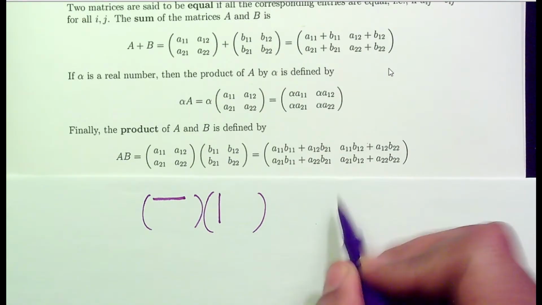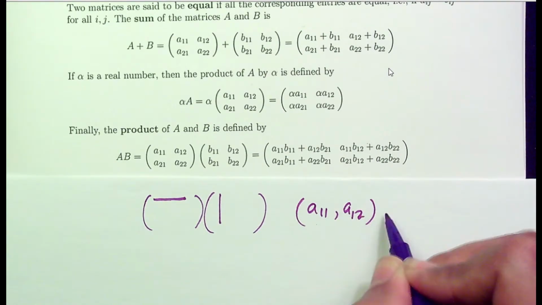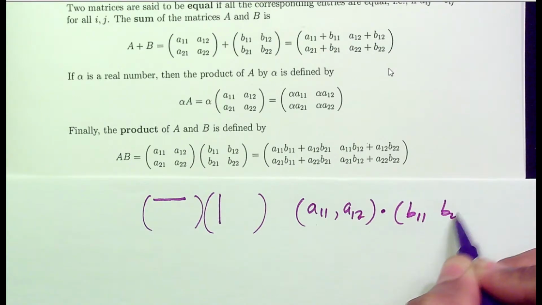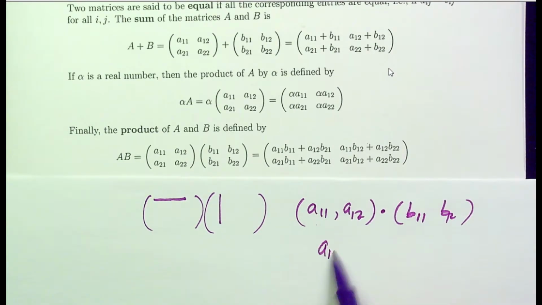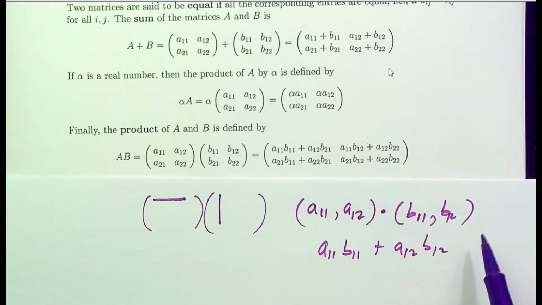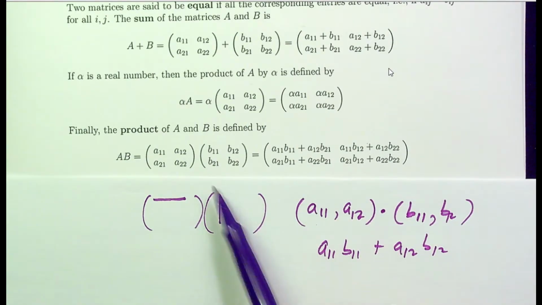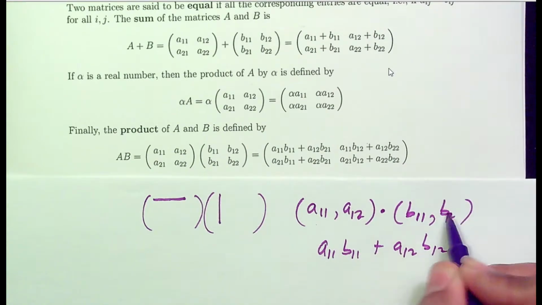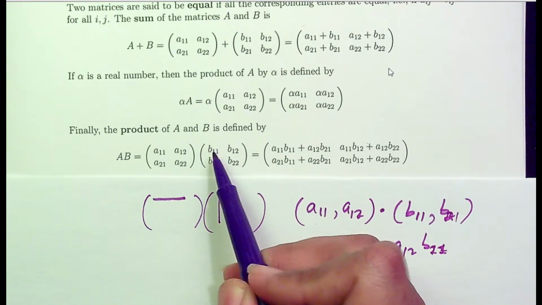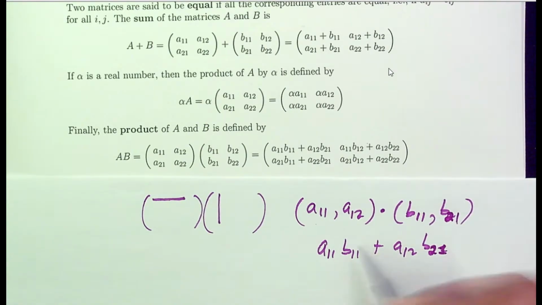This means you're going to do A11, comma, A12, dot product with B11, B21, and that means A11 B11 plus A12 B21. Oh, sorry, I copied that wrong. It was supposed to be B11, B21. These are 2-1. All right, and that's it.